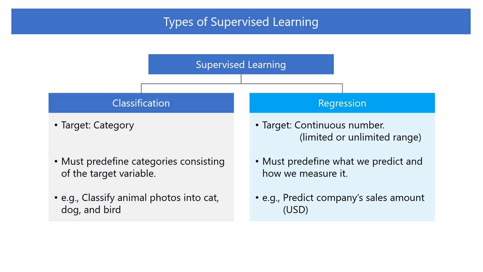In the case of regression, the range of target values can be limited or unlimited. That is, the range of target values can be as limited as between 1 and 100, or as unlimited as any value. However, what we predict and how we measure it must be defined beforehand.